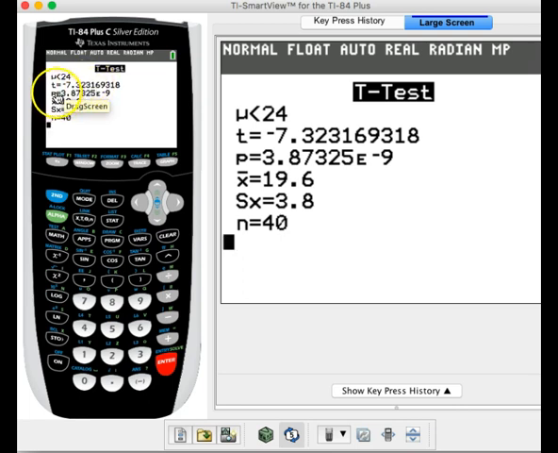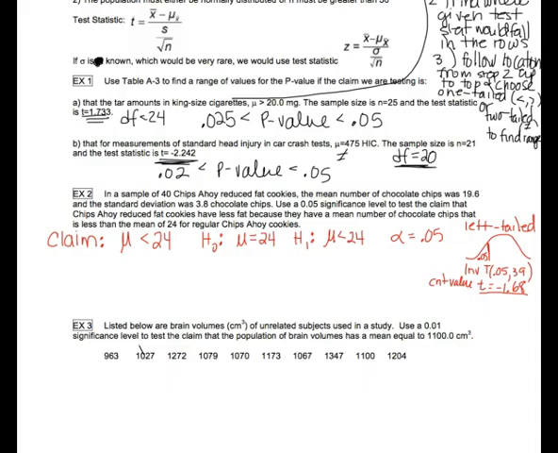Be careful on this p-value, because if you just look at the beginning, you're going to write 3.873. But look at what's after it. It says e to the negative 9. So this is 3.87 times 10 to the negative 9th power. So that essentially is 0. Now remember that we're never ever going to write 0.